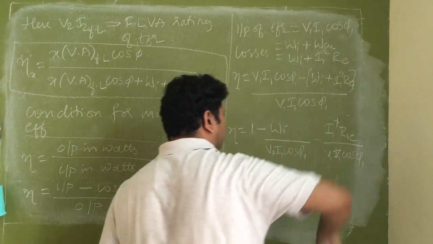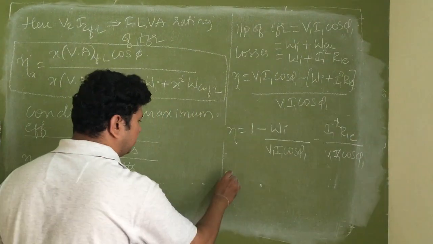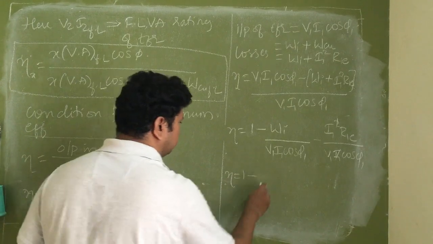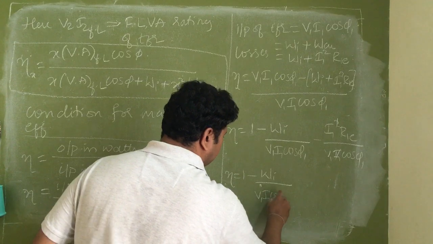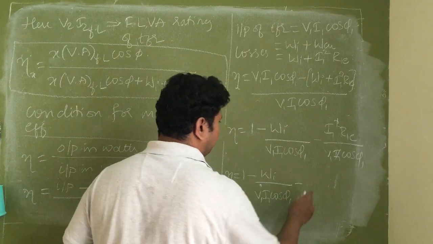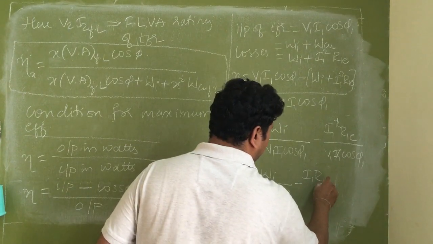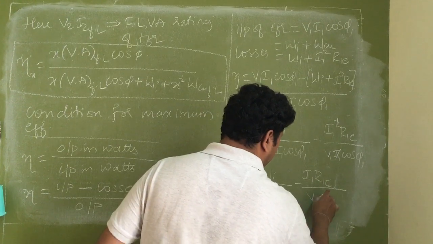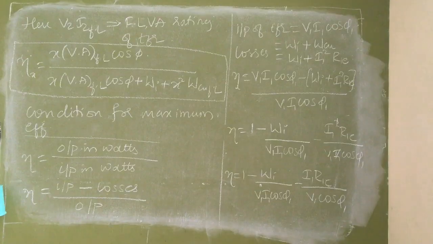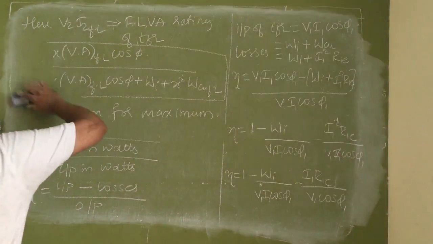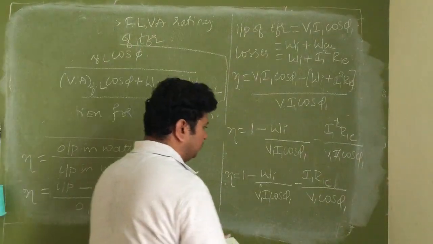One I1 cancels, so efficiency equals 1 minus Wi upon V1 I1 cos phi 1 minus I1 R1e upon V1 cos phi 1. Take this as equation 1.